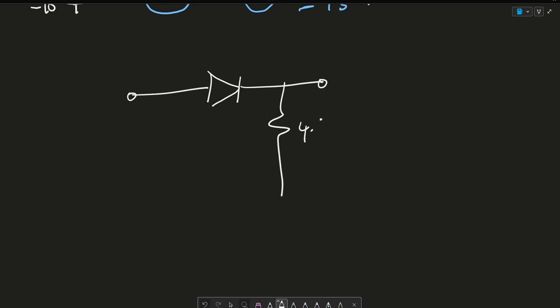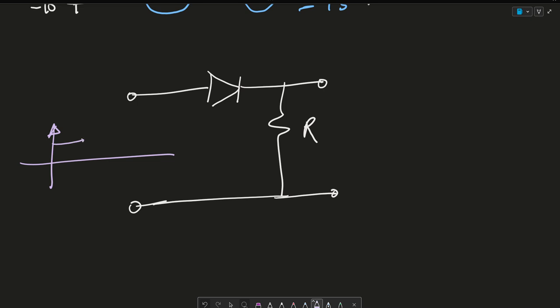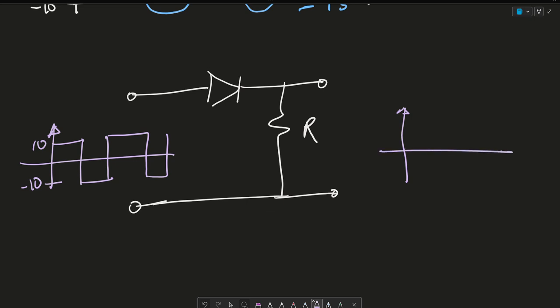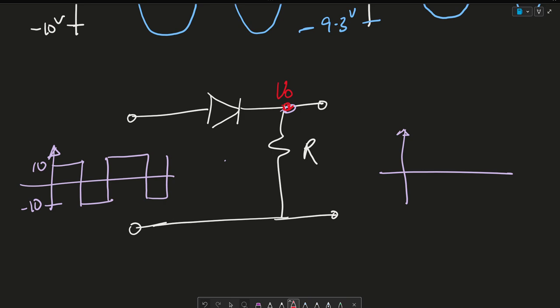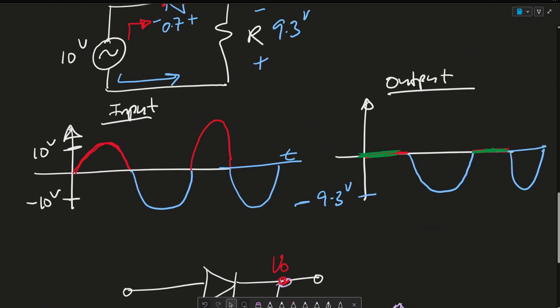This is a circuit with a resistor R. If I go ahead and input, let's say, a square wave that is 10 volts plus or minus 10 volts, the output here essentially will be, so it's a series because in comparison to the output, V out, it's in series.